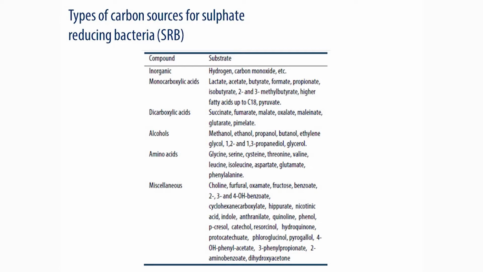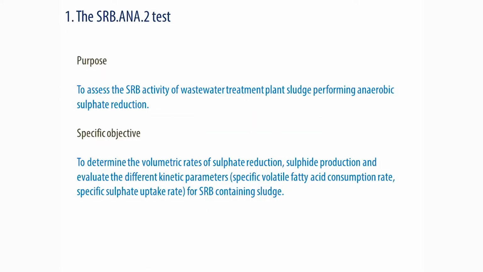Sulphate present in wastewater is the electron acceptor, while SRB can oxidize a wide range of substrates as the electron donors. These include, among others, hydrogen, alcohols, fatty acids, aromatic and aliphatic compounds.